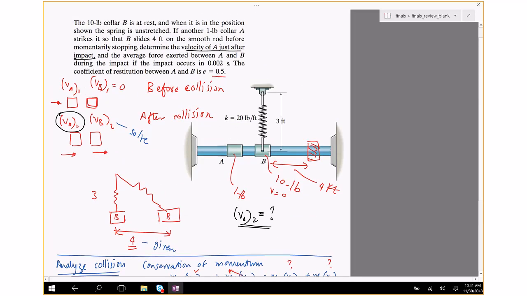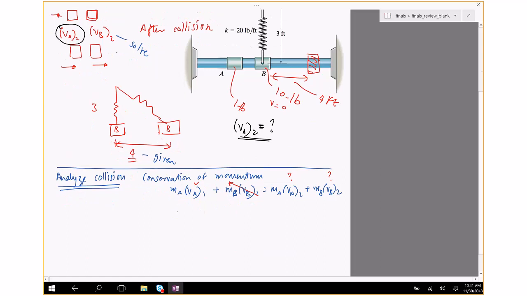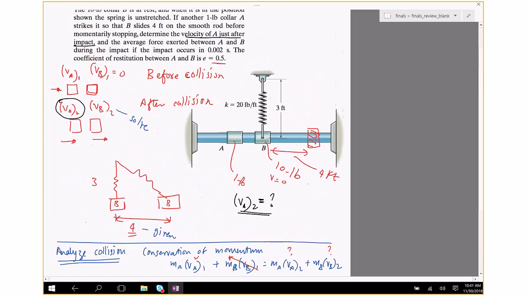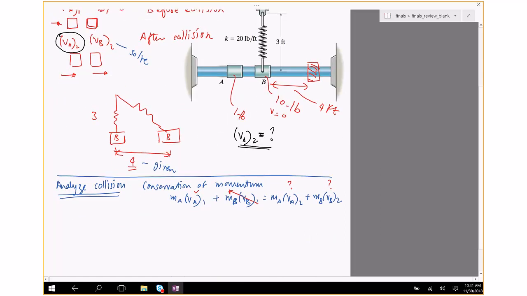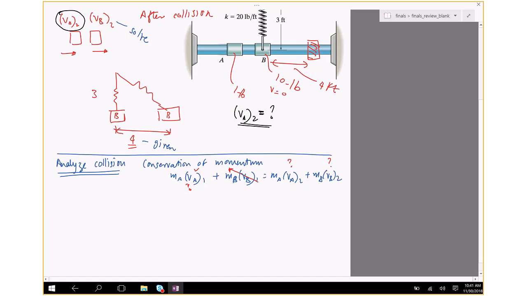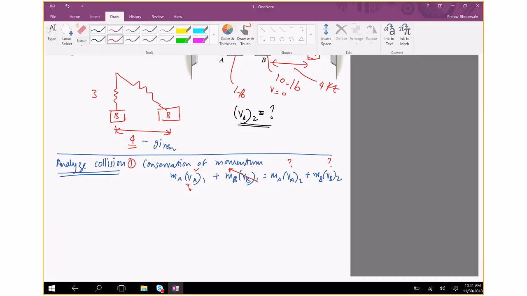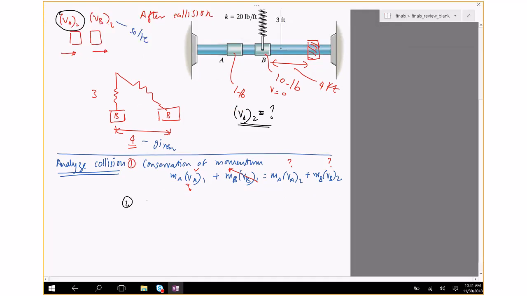Not given, sorry, my bad. VA1 is not given, right? Yeah, it's not given. So there are 3 unknowns, and we have to generate more equations. That's the first. The second equation is the restitution equation, which is straightforward: E equals velocity of separation divided by velocity of approach.